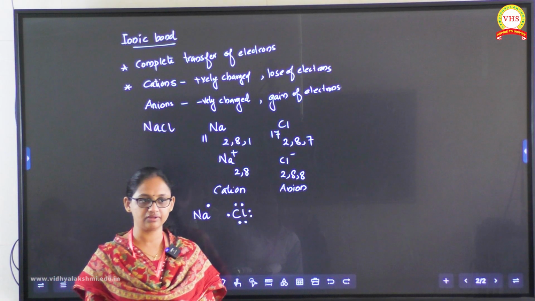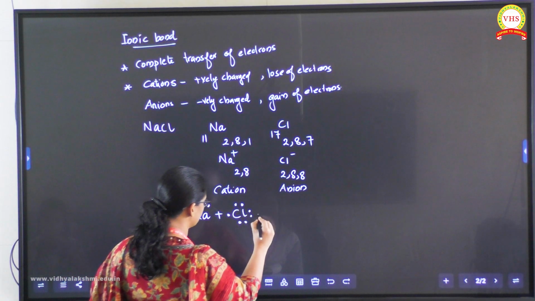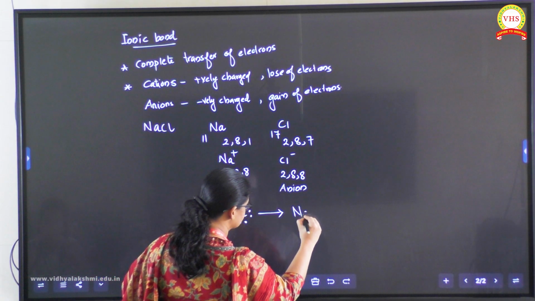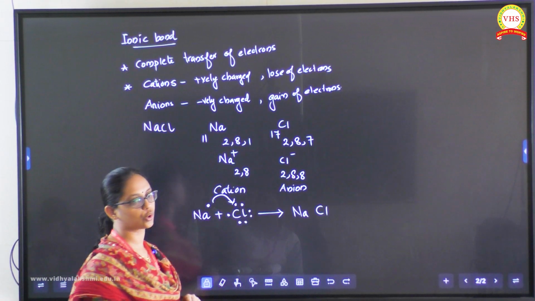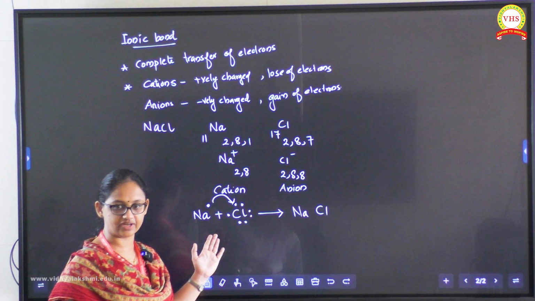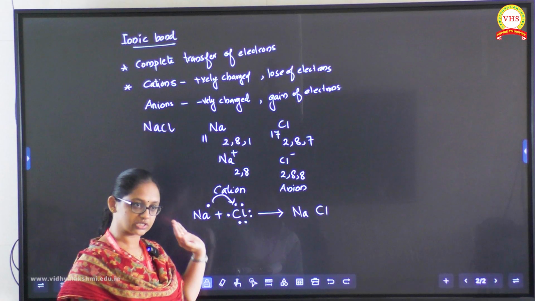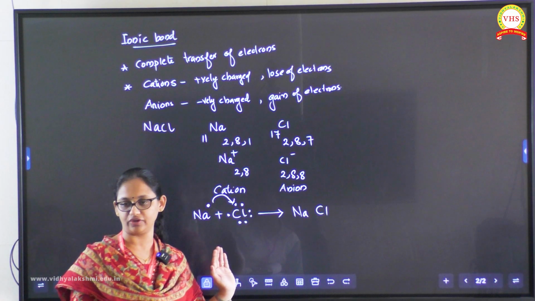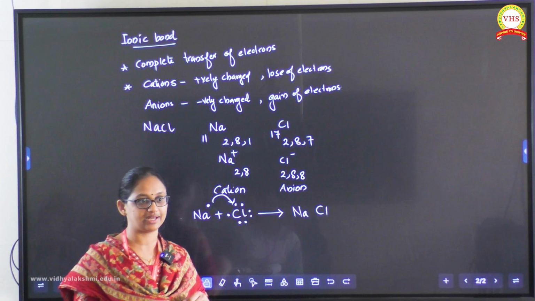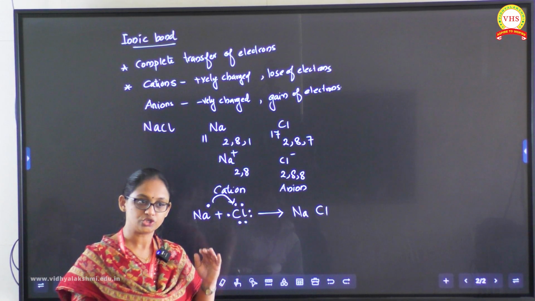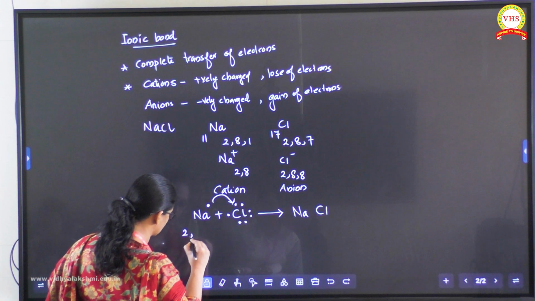During the formation of the NaCl compound, sodium will transfer its outermost 1 electron to chlorine. Then sodium will get a stable electronic configuration with 8 electrons in the valence shell. Chlorine will accept that electron and become 2,8,8. So I will write the electronic configuration here also.